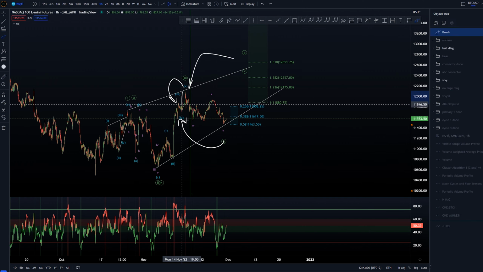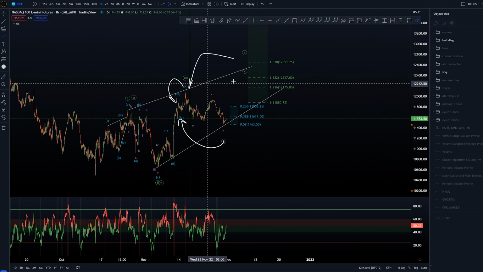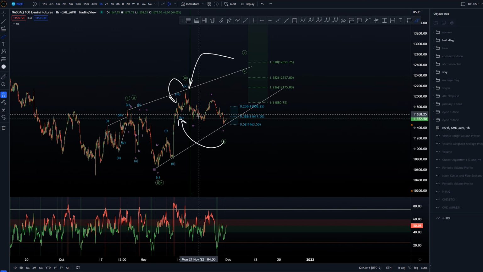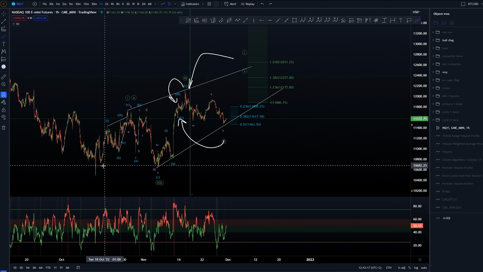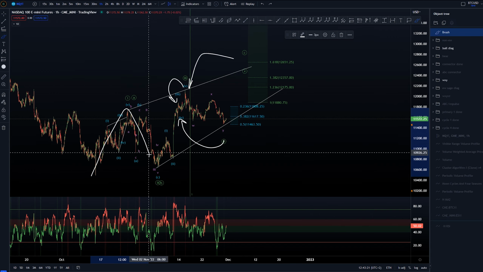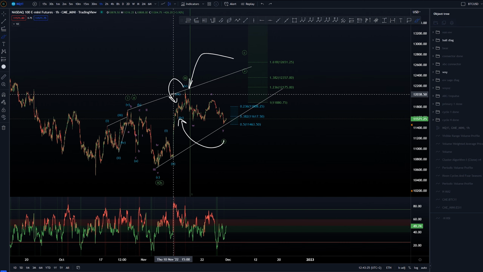However, the structure here on the possible wave 4 is smaller than the wave 2, because this is giving us controversy against the guidelines, where we have always in a contracting structure the wave 1 would be the largest, then we would have wave 2 and wave 3 would be smaller than wave 1. However, that is not the case here.